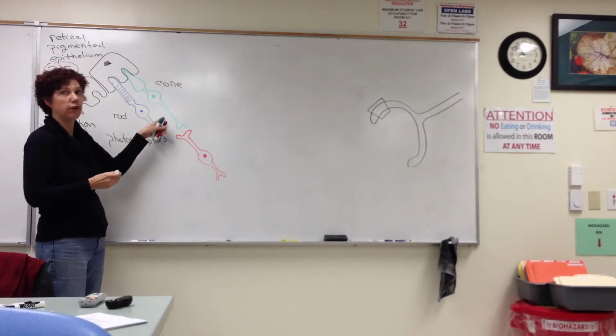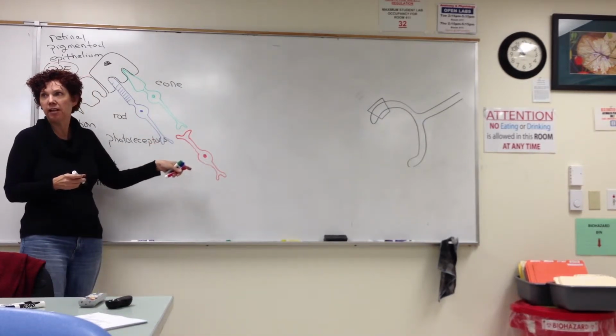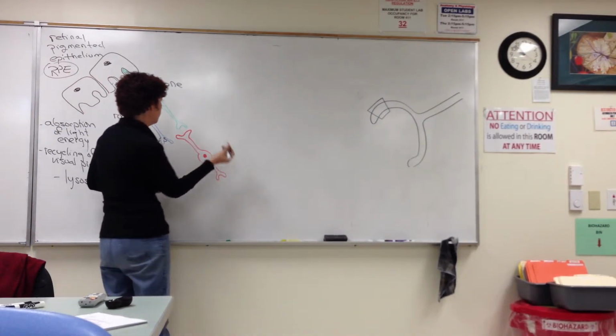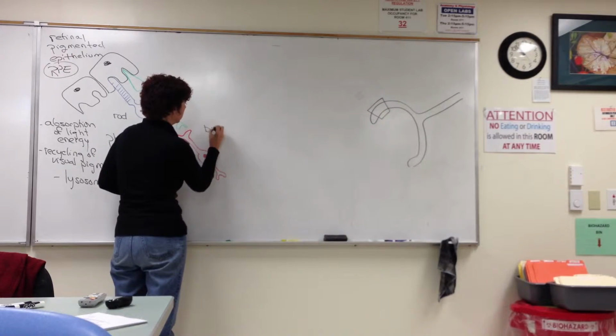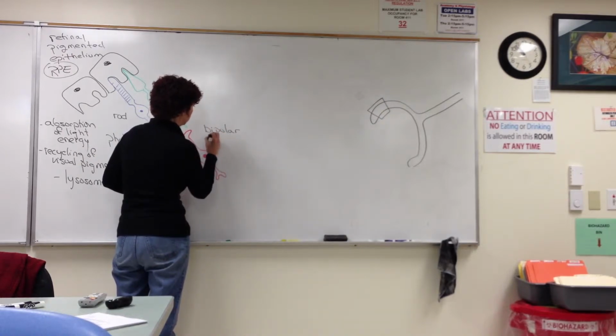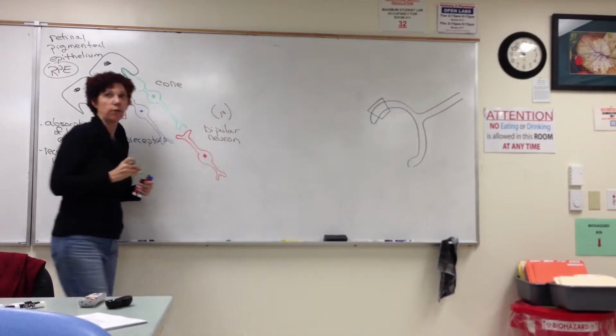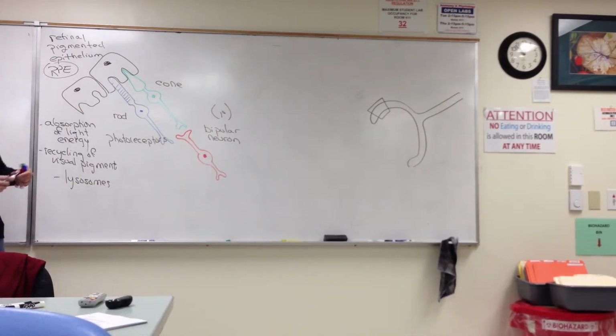And it may not be one photoreceptor for one bipolar neuron, it might be 2 or 3. So there's a variation in the ratio. So this is the equivalent of our first order neuron in a sensory pathway.